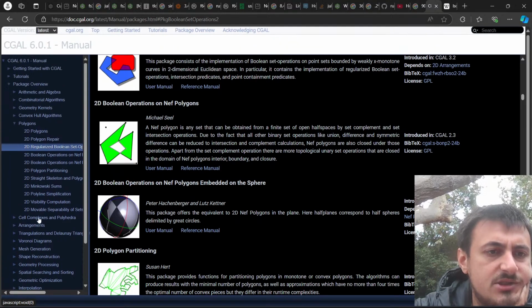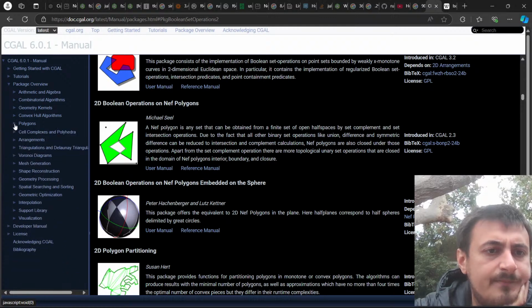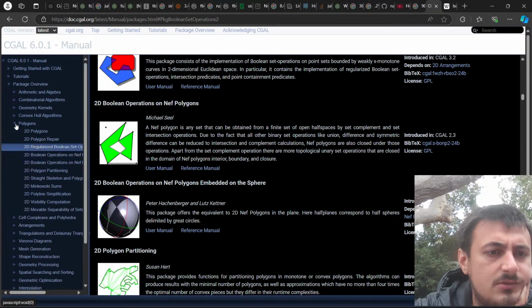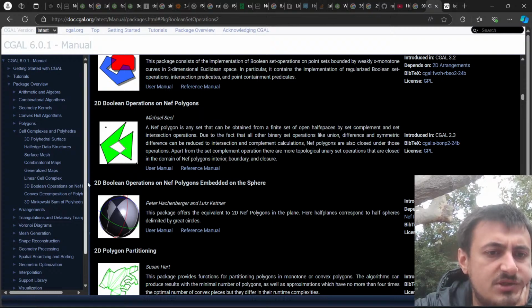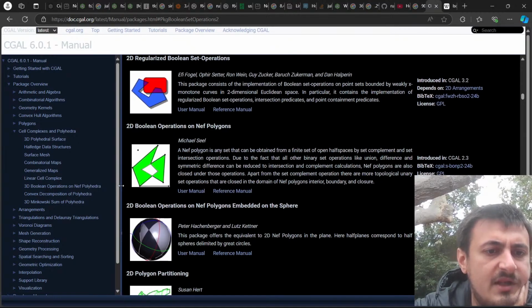Mesh generation. Combinatorial algorithms. Oh, cell complexes and polyhedra. 3D Boolean operations on Nef polyhedra.